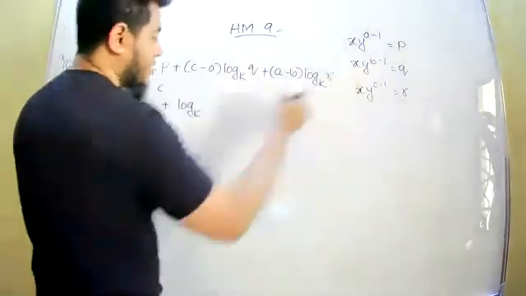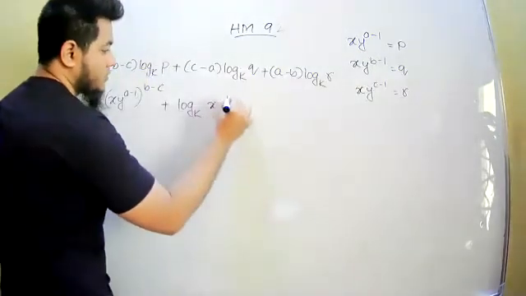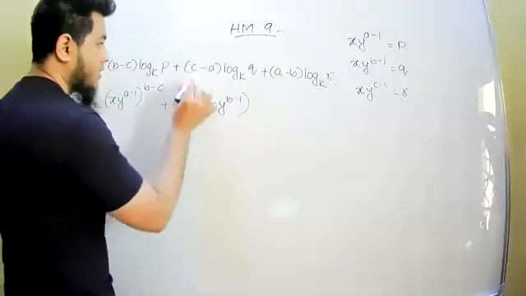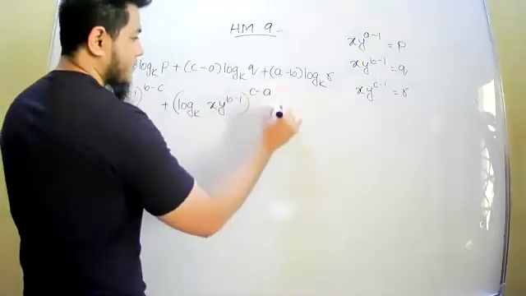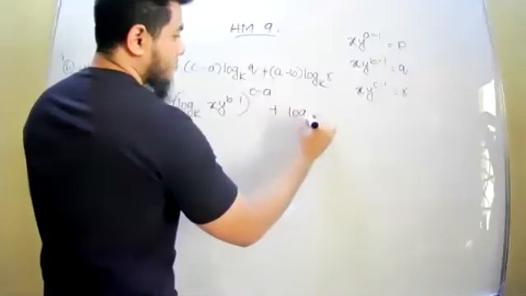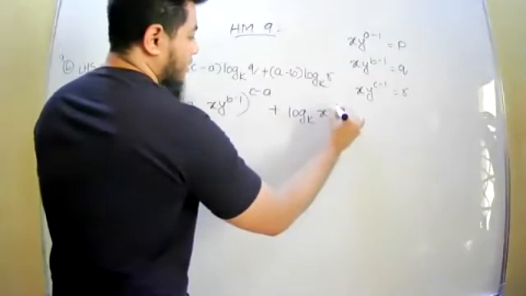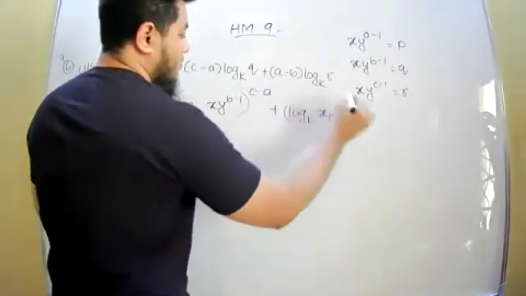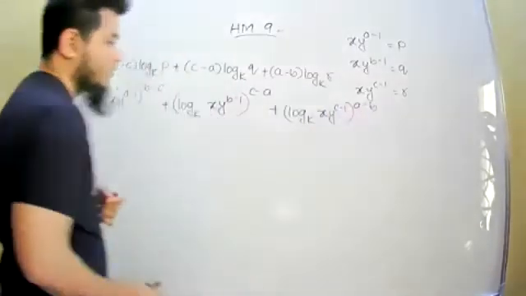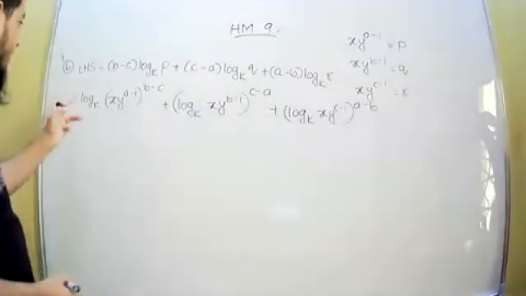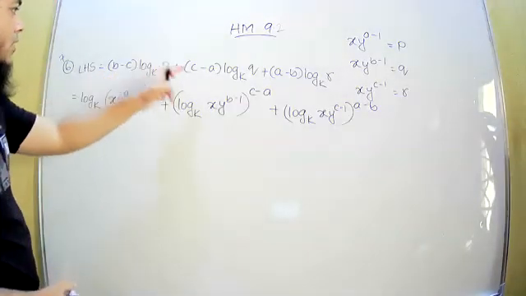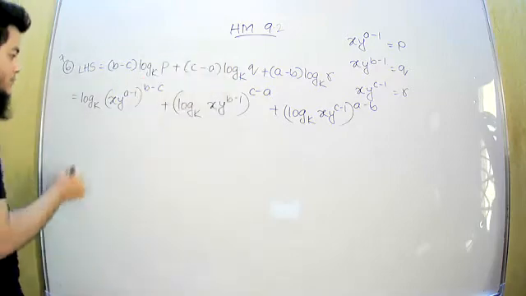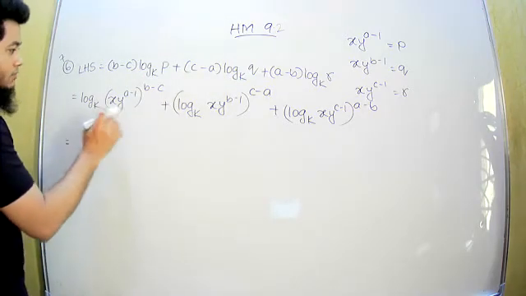Q is xy to the power b minus 1, xy to the power b minus 1 whole to the power c minus a, plus log a xy to the power c minus 1 whole to the power a minus b. We have put the values and we have taken this b minus c to the power c minus a and a minus b also. So now we will make them separate.